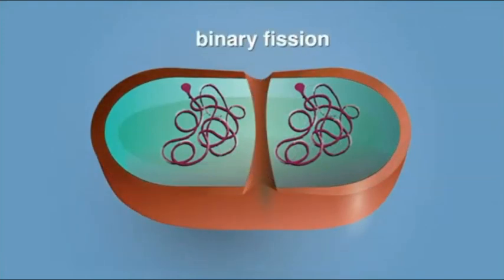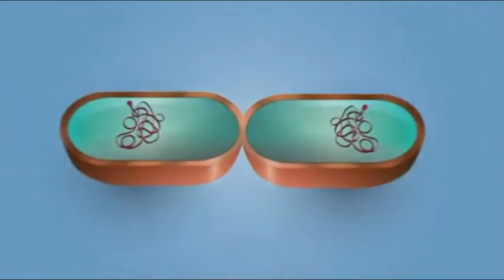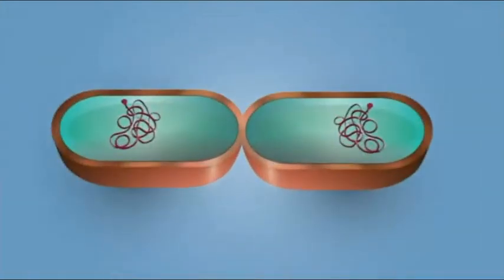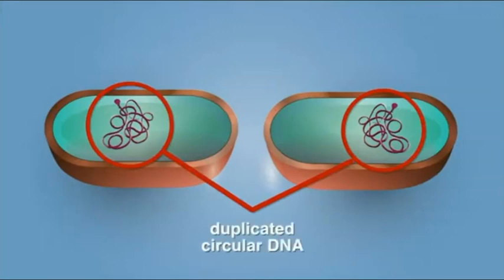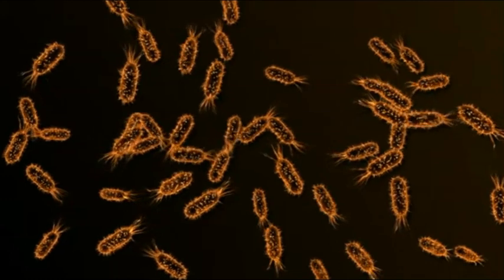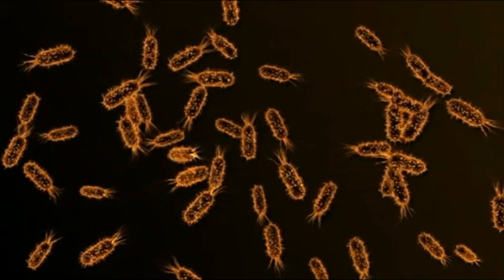Binary fission is the prokaryote form of asexual reproduction. After the cytoplasm divides, each daughter cell synthesizes a new cell wall, creating two identical cells. Binary fission results in two cells that each contain one copy of the original circular DNA. Prokaryotes are able to multiply rapidly because of their small size.